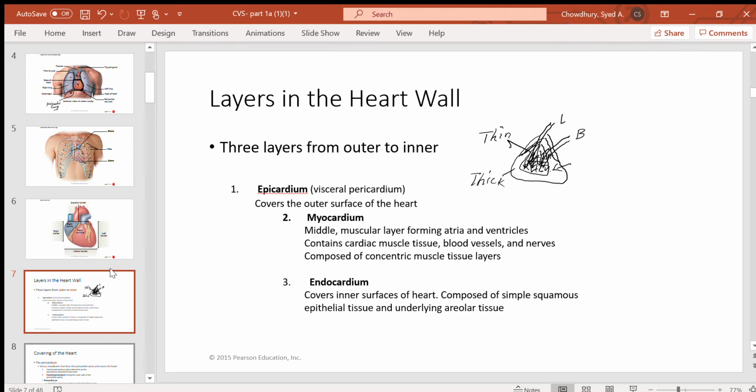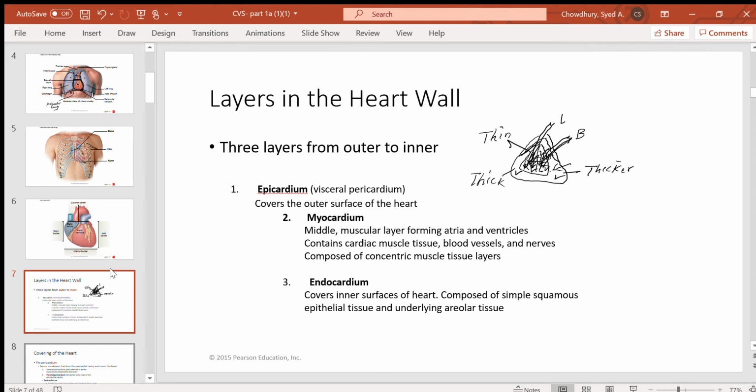Now, if we compare the right ventricular wall and left ventricular wall, left is thicker than the right. Why? Because left ventricle contracts to send the blood to the body everywhere, so far from the heart, to your head, to your leg, right?